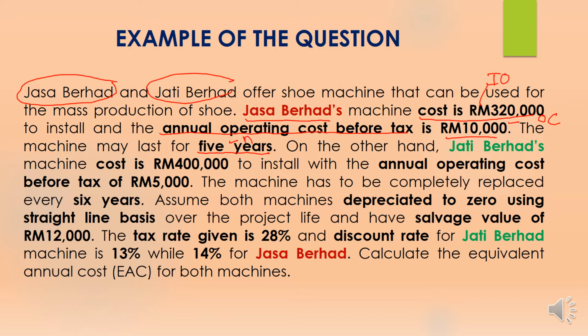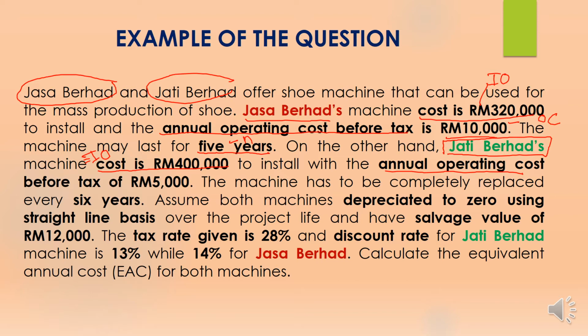On the other hand, Jati Berhad, the second machine from the company, costs 400,000 to install. So the cost 400,000 here represents IO, or the initial outlay, of Jati Berhad, with an annual operating cost before tax of RM 5,000.